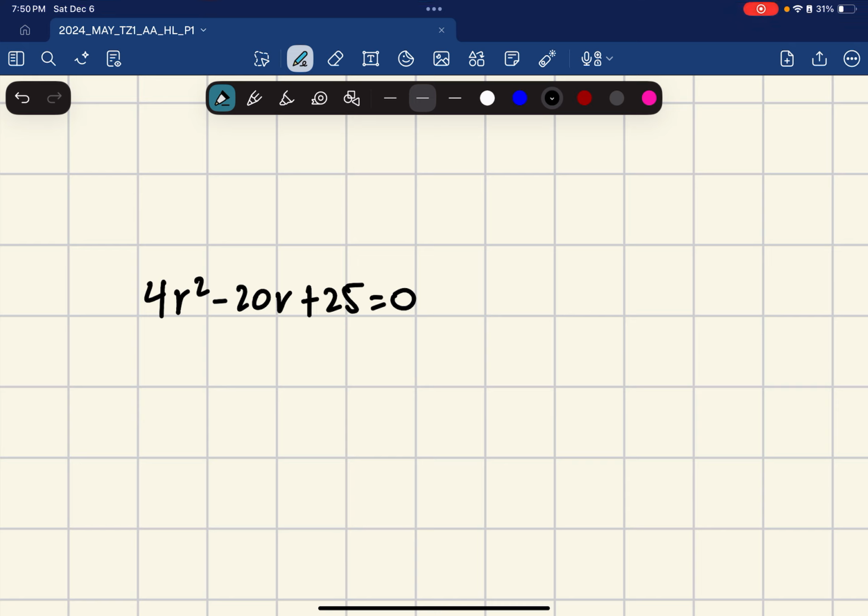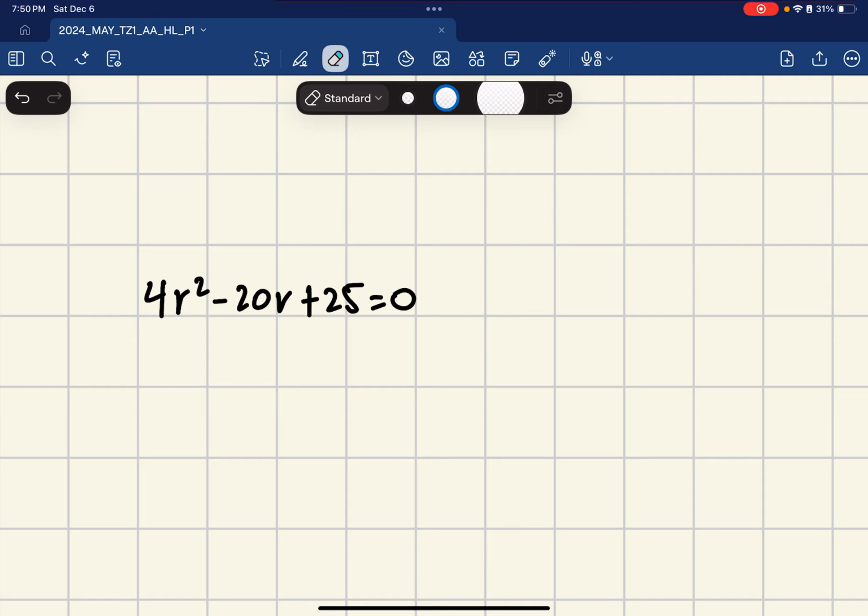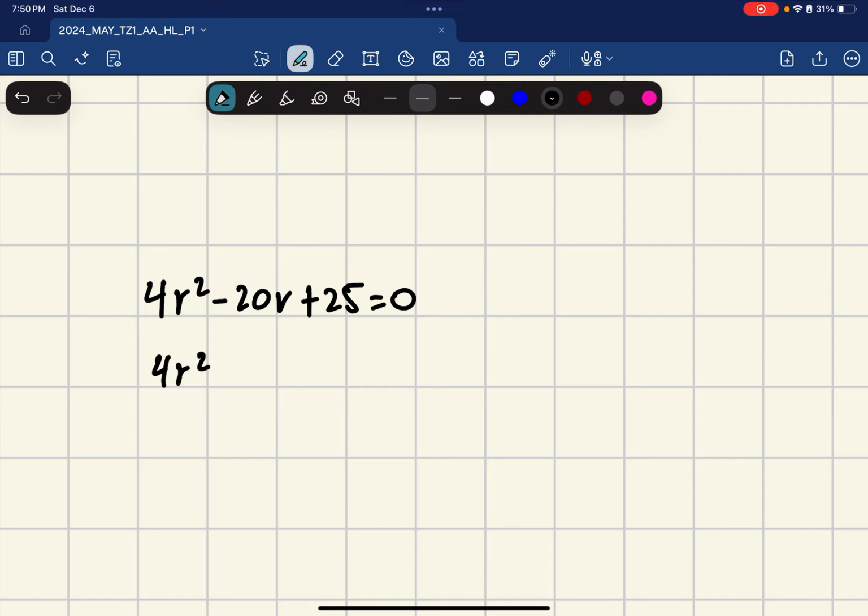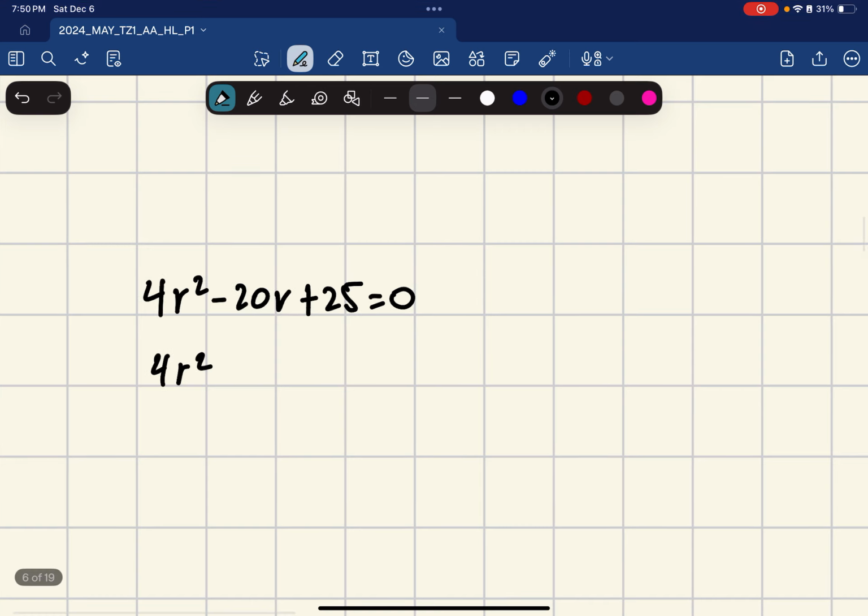Okay, so I'm going to factor negative 20 into two things. What can I do here?